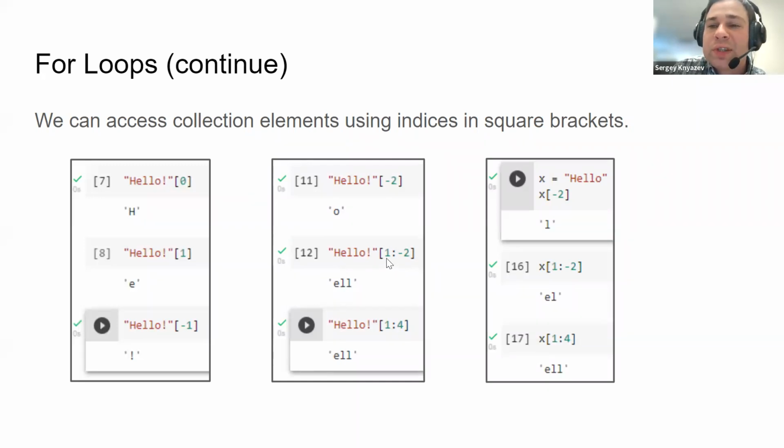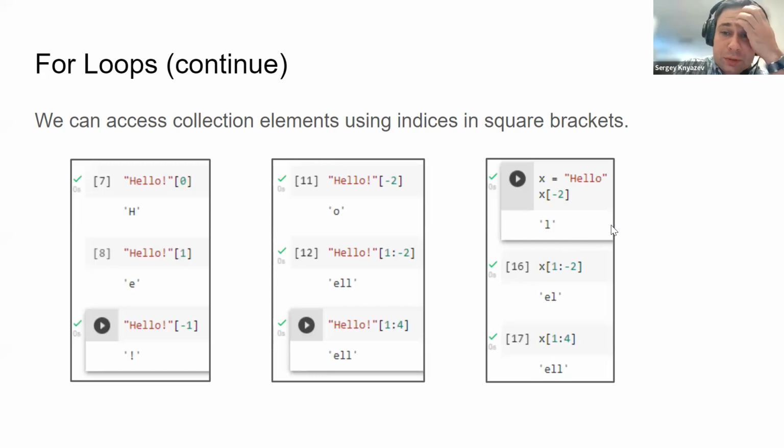It follows the standard inclusive-exclusive principle. So the first element, E, is inclusive, and the last element, the second from the end, which is o, is excluded. And it is equal to 1 to -4. We can use both ways to set the range: from the beginning using positive integers, and from the end using negative integers.